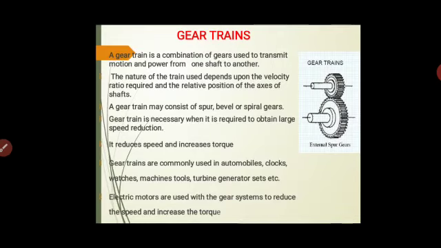A gear train is necessary because it is used to obtain large speed reduction ratios, and in doing so, it increases the torque. Gear trains find applications in automobiles, clocks, watches, machine tools such as lathe machine, milling machine, drilling machine, etc., and in turbine generator sets. Electric motors are used with the gear system to reduce the speed and increase the torque.